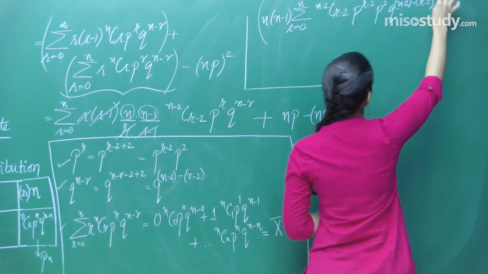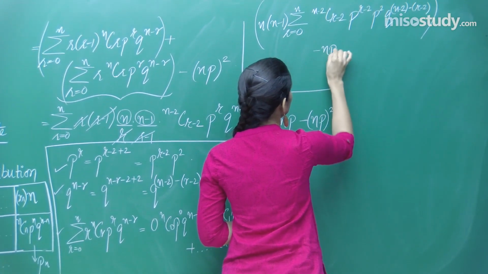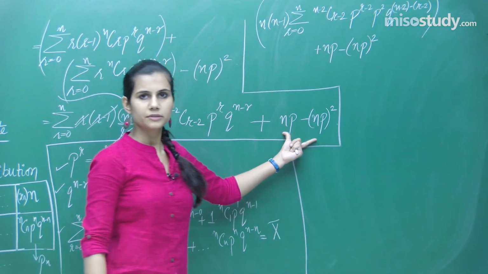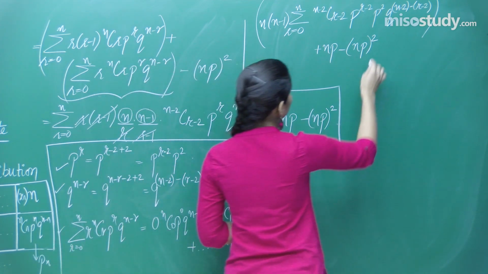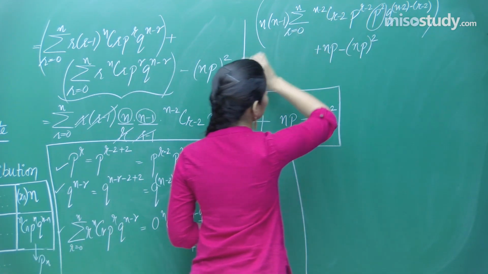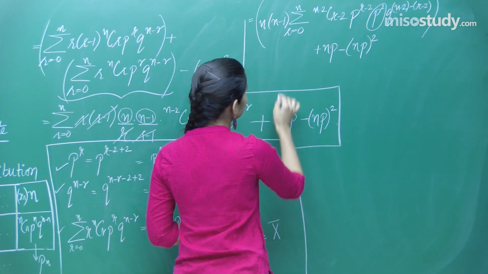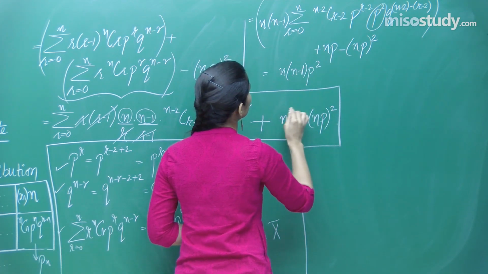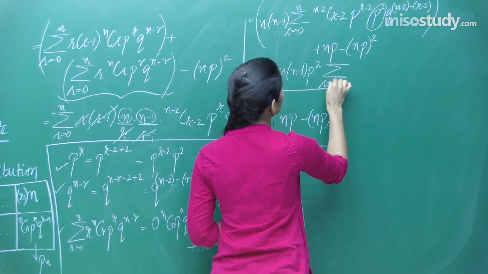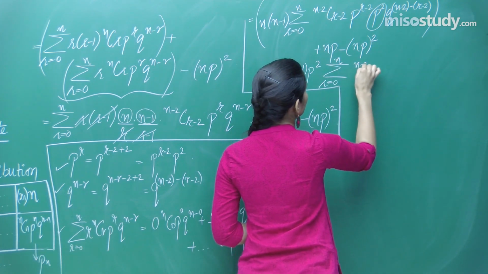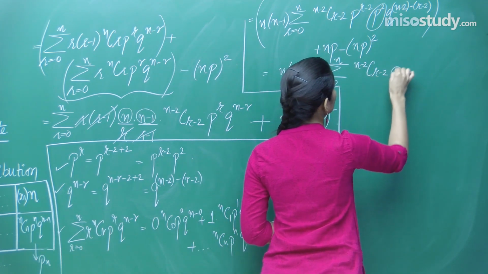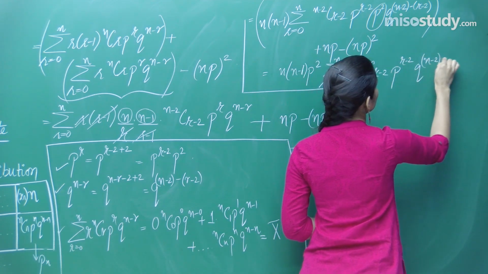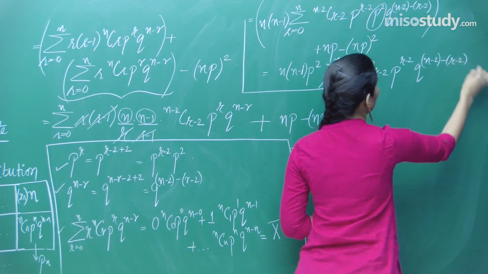This is one term. Plus np minus np whole square. Clear? Now again you can see this p square is a constant, it can come outside the summation. What is it that you will be left with? You have n into n minus 1 into p square. Then you have summation r going from 0 to n, n minus 2 C r minus 2 p to the power r minus 2 q to the power n minus 2 minus r minus 2.